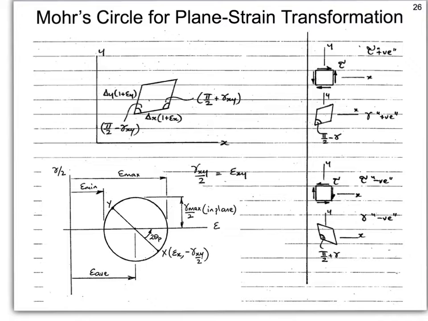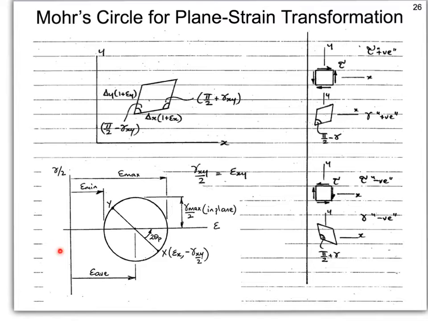And as with Mohr's circle for stress, one of the main difficulties is working out whether the shear strain should be plotted below or above the horizontal axis. And various textbooks use different means of explaining this.